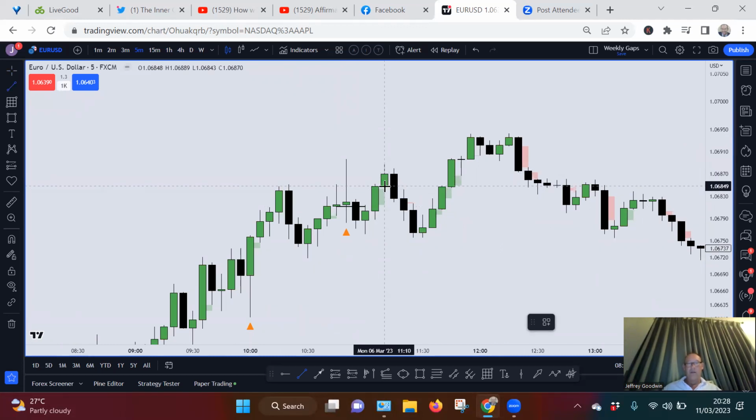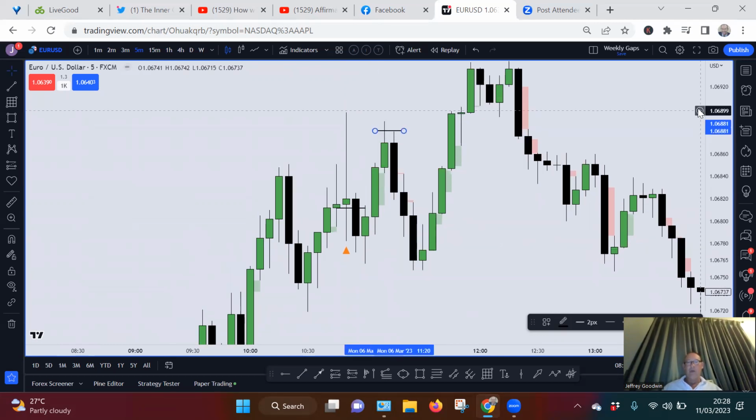That's it, there. You can see why I changed time frames. So whatever happens with this particular one, we're looking for it to go either up or down and reverse at an area.